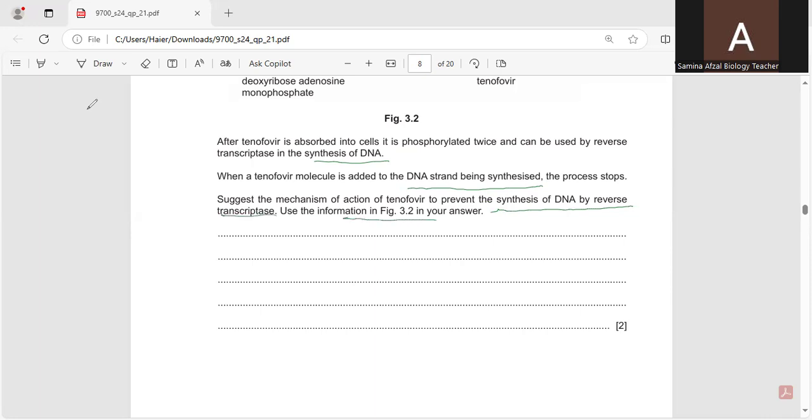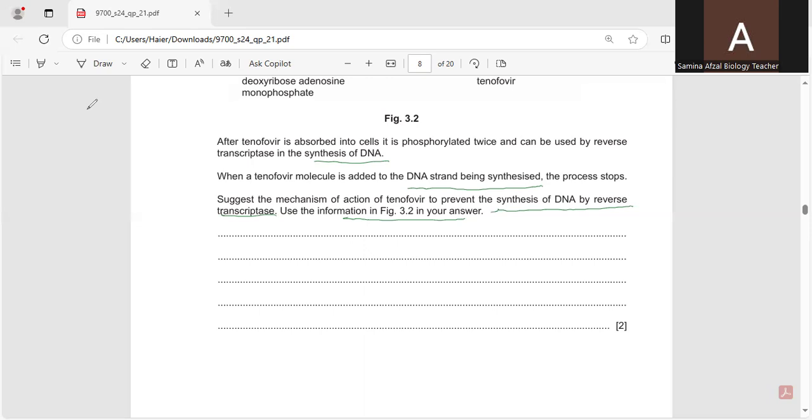So here you can see tenofovir will compete, and as a result of this competition, it will prevent nucleotides being added to the elongating chain.